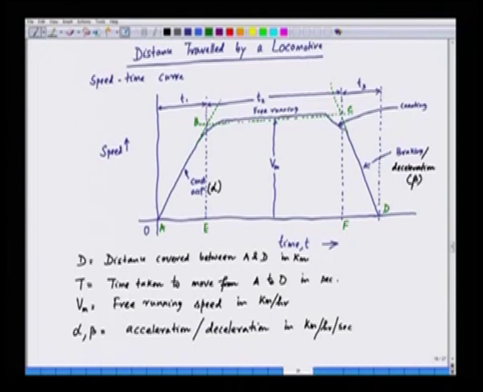So, we will calculate this as follows. The area A, B, E will be half the maximum speed Vm into T1, and T1 is in second. So, that is T1 by, if you convert this second into hour, 3600.